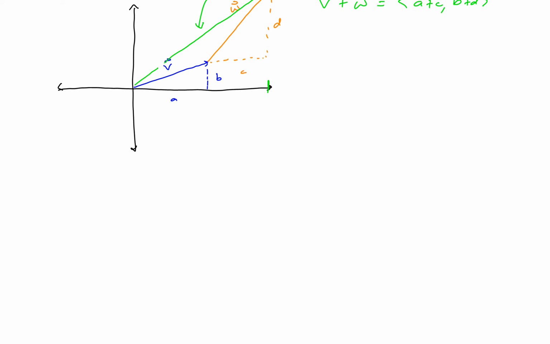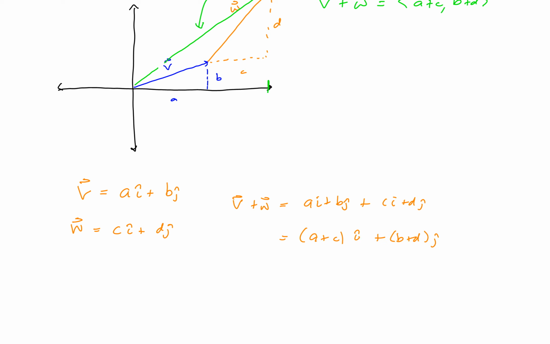So we can also think of this in terms of the i's and j's. Then v plus w is ai plus bj plus ci plus dj, and we just add the components. So the coefficients of the i's add together, and the coefficients of the j's add together. And that's how we add the vectors.